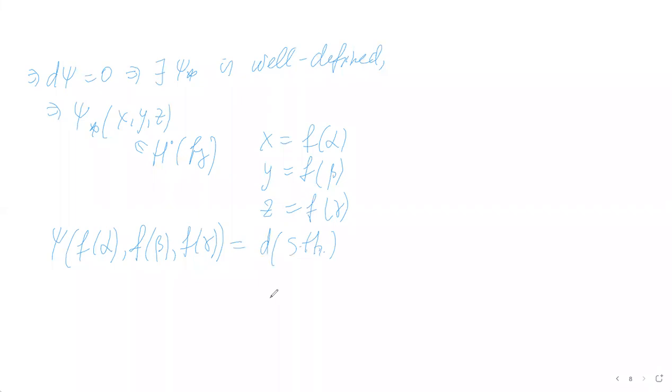So this something will look like H3 of alpha, beta, gamma. So it means that on the level of homology, psi star is equal to 0.